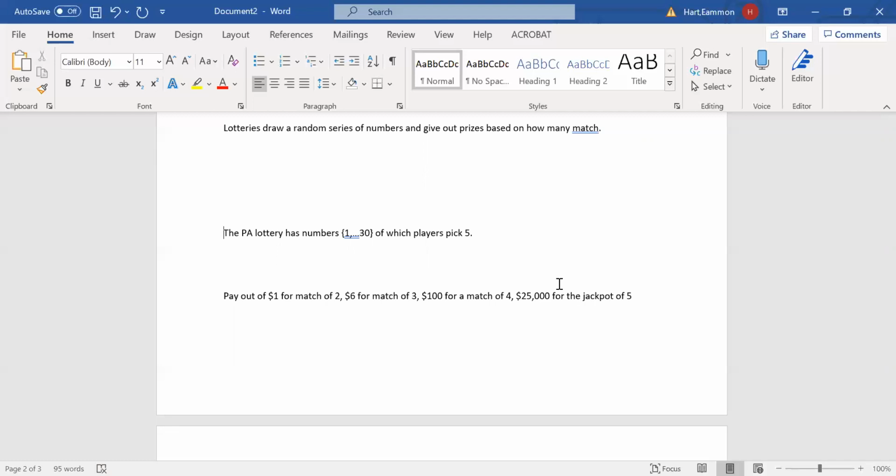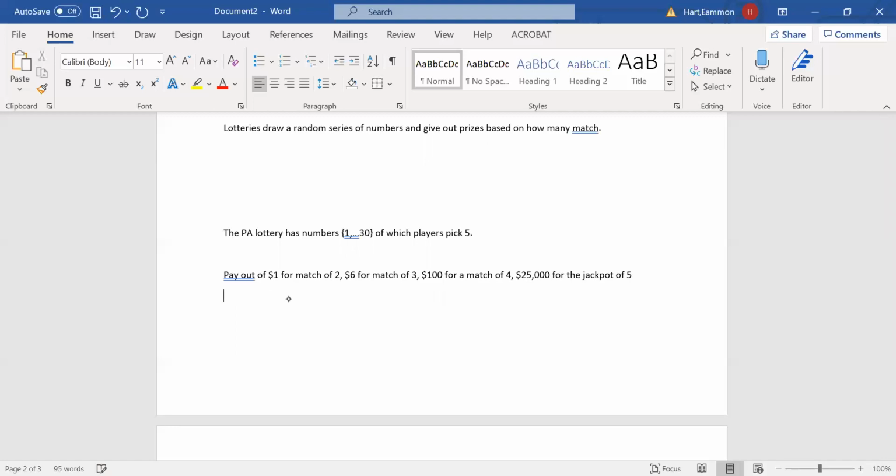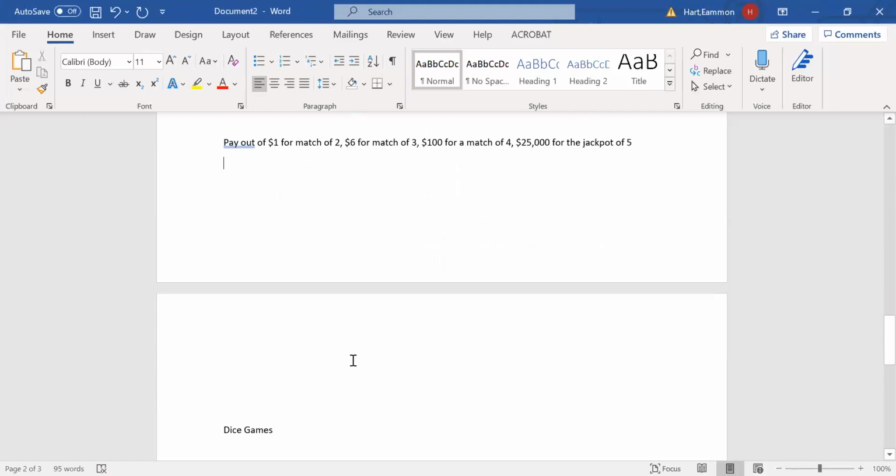If they match fewer, then you get a smaller sum. For example, this was apparently the payout structure for the Pennsylvania lottery in 2014. So what are the odds that you match 2 of those 30?